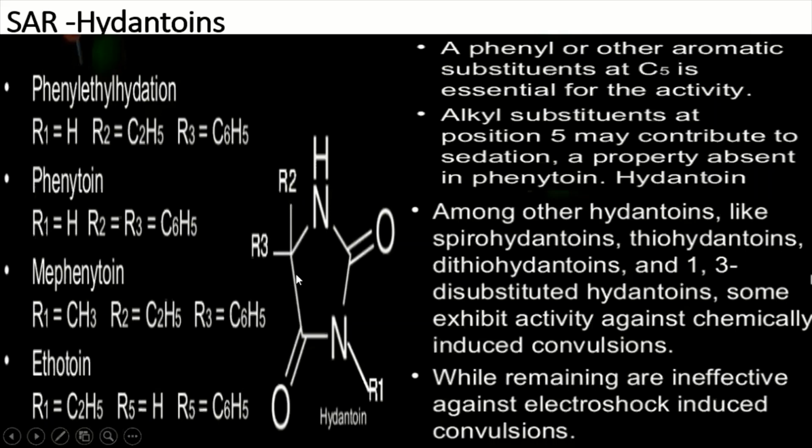When there is an aromatic ring in the fifth position, it will have good anticonvulsant action, whereas alkyl substitution at position 5 causes sedation. For example, in mephenytoin there is an alkyl group, so that drug will also cause a sedative effect.